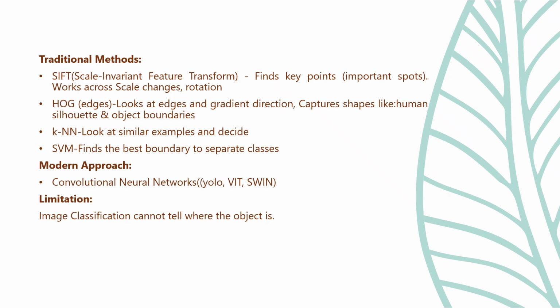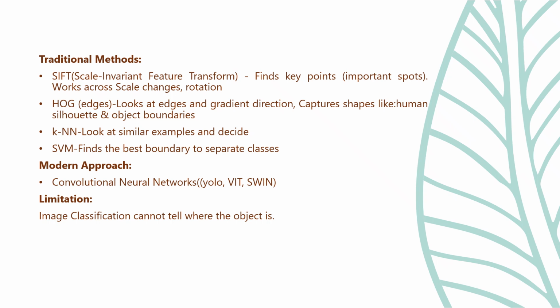And another method is HOG, or histogram of oriented gradients, which captures edge directions and object shapes. After extracting features, machine learning algorithms such as k-nearest neighbor or support vector machine classify the image.